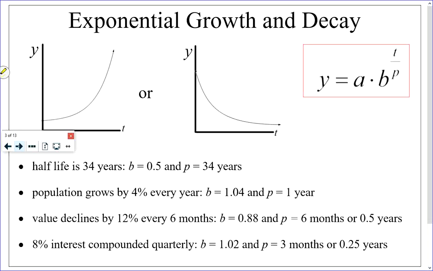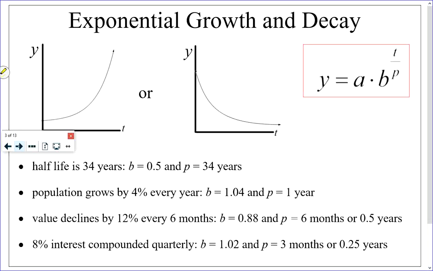Since it's growing by 4%, B, the factor by which the population is being regularly multiplied, is 1.04. I hope everybody understands how to go from an increase of 4% to a B value of 1.04.